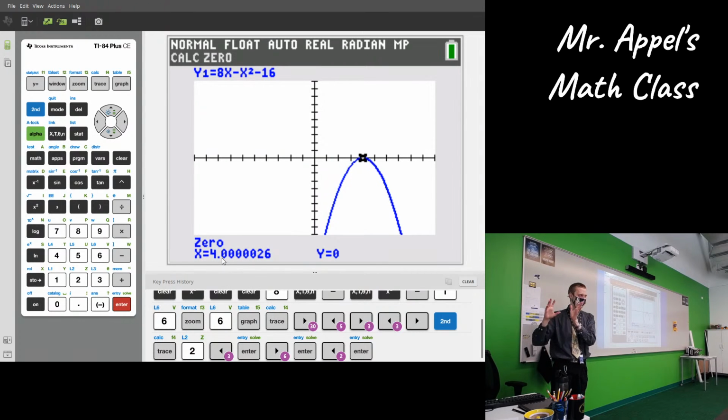That 2.6 is rounding error. Ignore that. 3 decimal places tops. And if you see 4.000, 3 zeros after, it's a 4. It's a regular old 4. Okay? It functions exactly how you expect all other 4s to function. So in this case, our 0 is at 4, 0, right on the vertex.